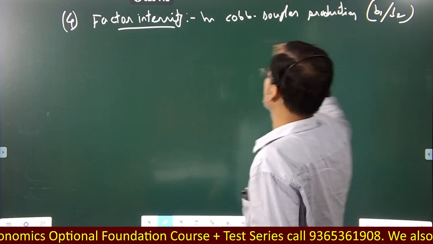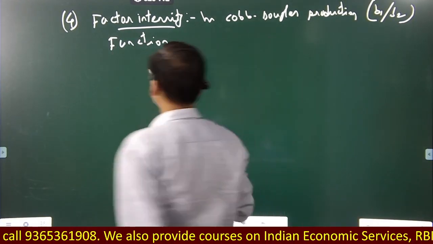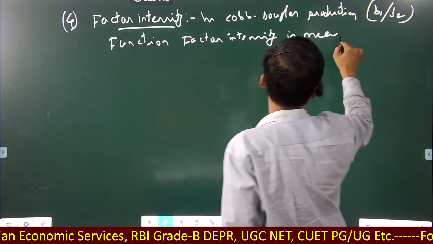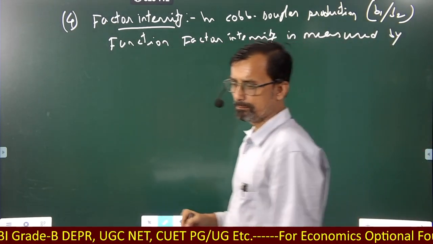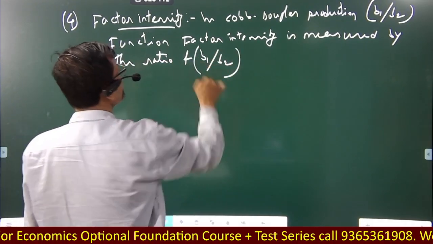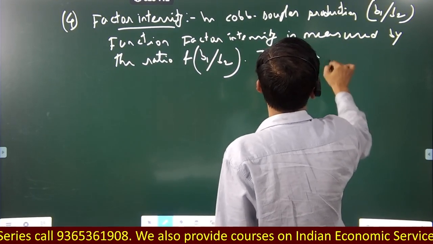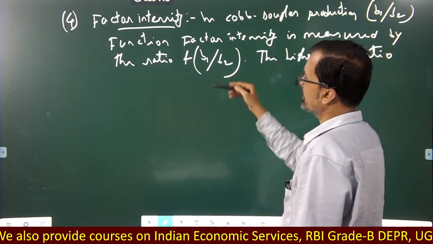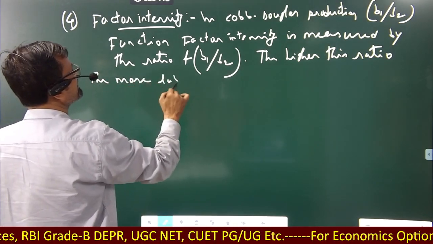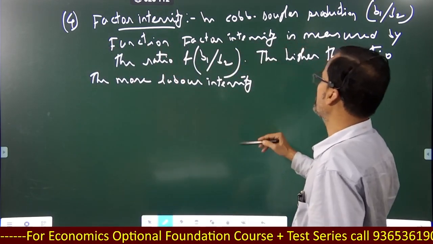The higher this ratio, that is B1 by B2, the more labor intensive the technique in the production function.